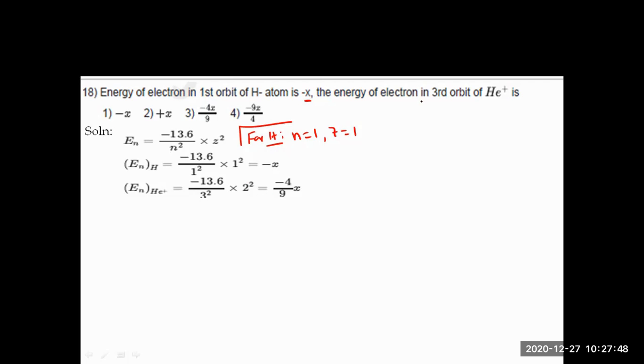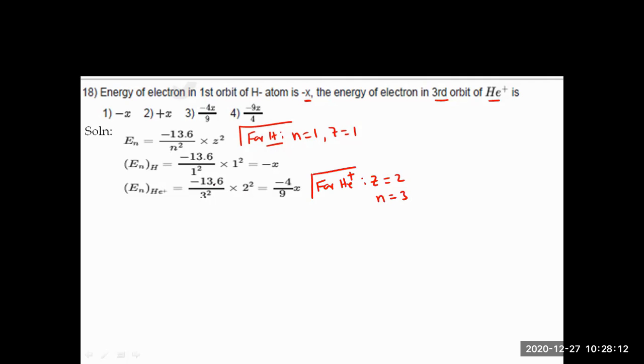But they are asking the energy of electron in third orbit of He plus. So now for helium plus, z is equal to 2 and third orbit means n is equal to 3. So it is minus 13.6 divided by 3 square into 2 square.